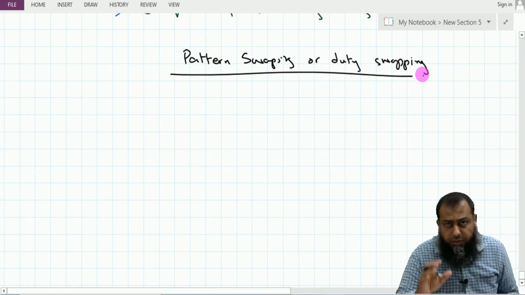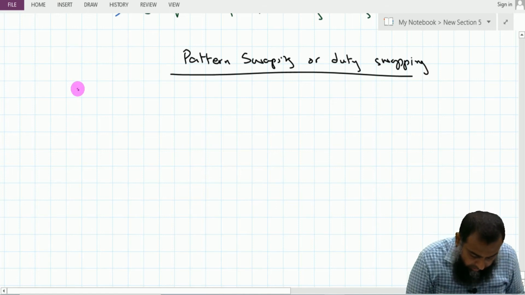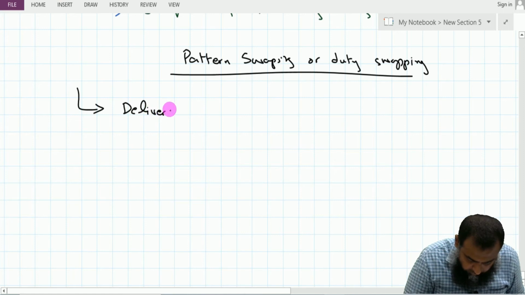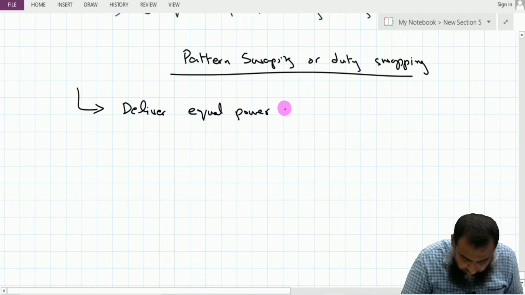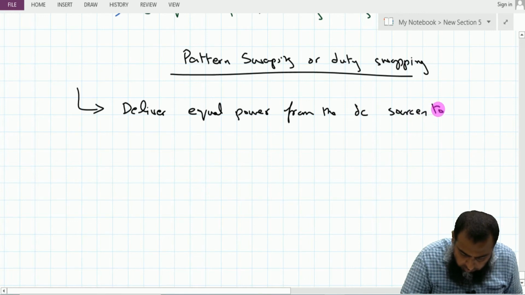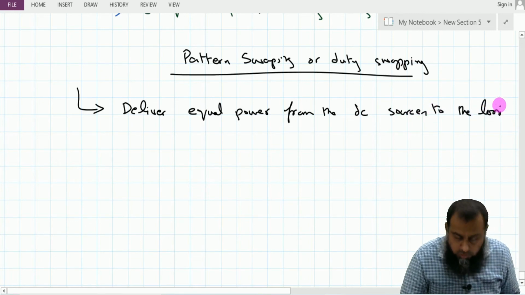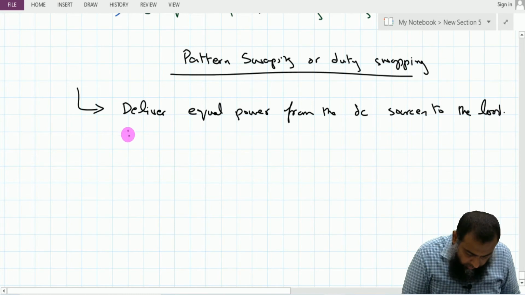Both of these methods are intended to deliver equal power from the DC sources to the load. Now, the scheme is quite simple.